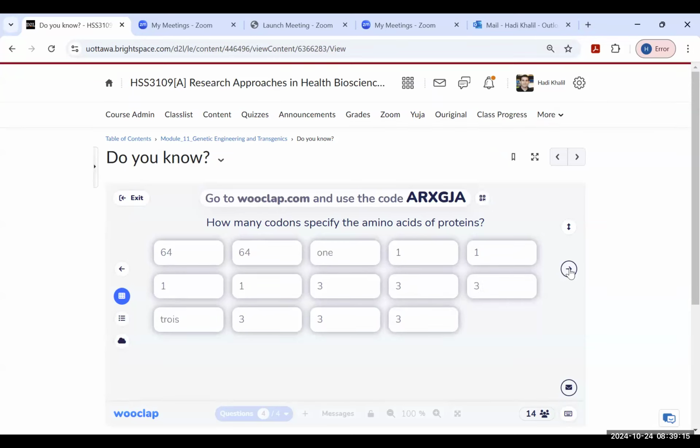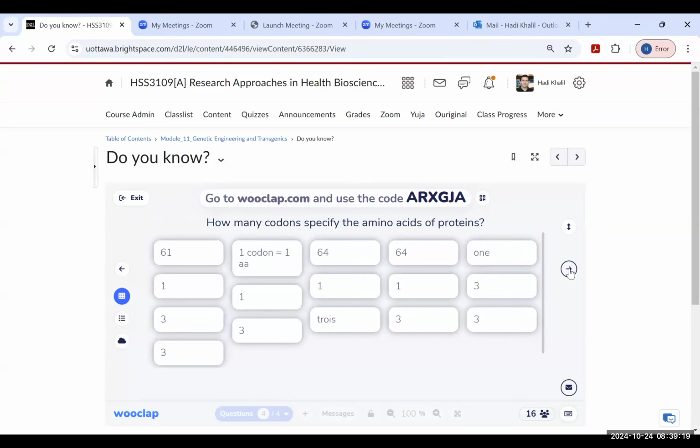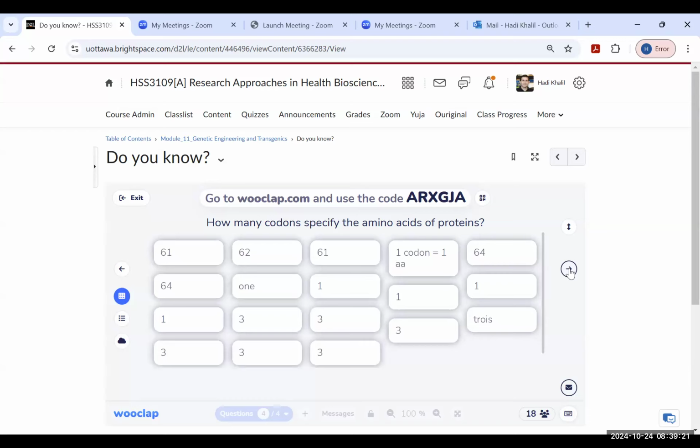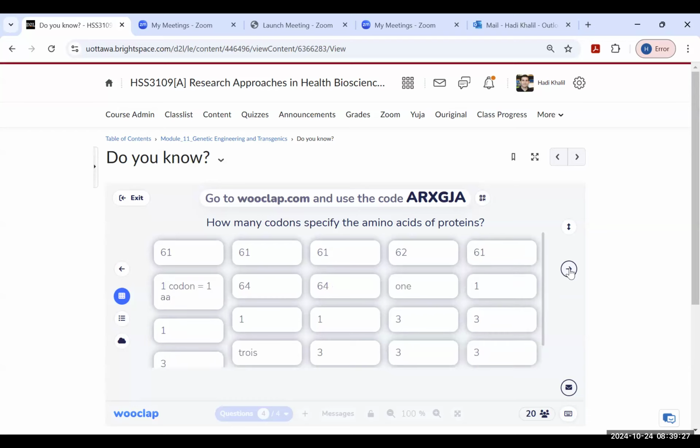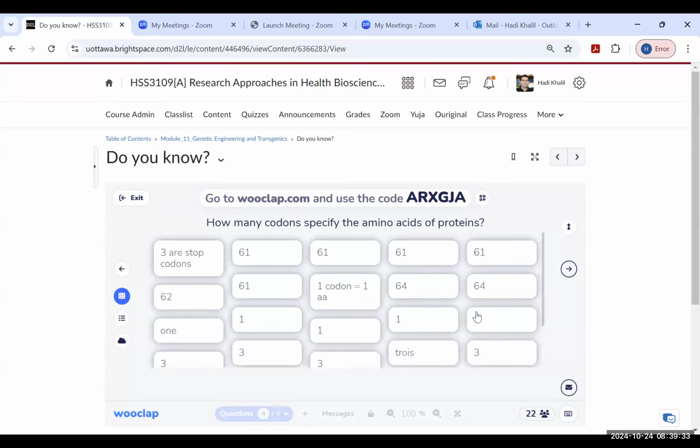Very close. 64 is very close. 1 codon is 1 amino acid. Very good. 61. 61 is the right answer, because there are the stop codons that do not code for amino acids. Great.